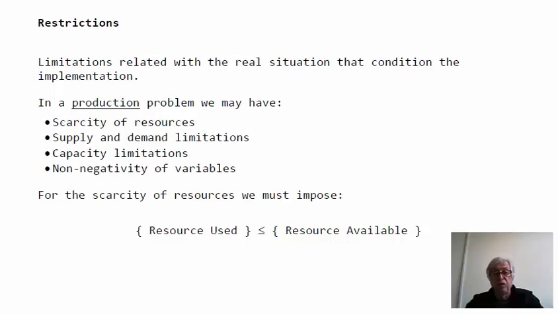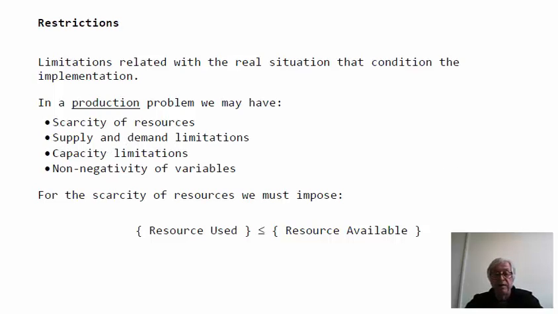We need also to consider restrictions. Restrictions are limitations related with the situation which condition the implementation of the project. So in a typical production problem, the limitations can be the scarcity of resources, they can be related with the supply and the demand.